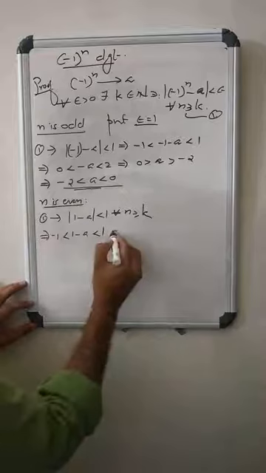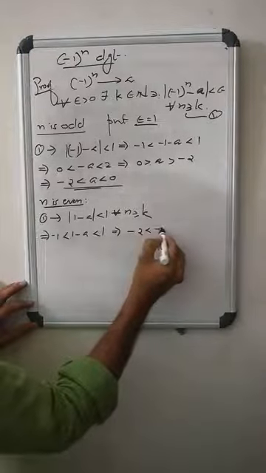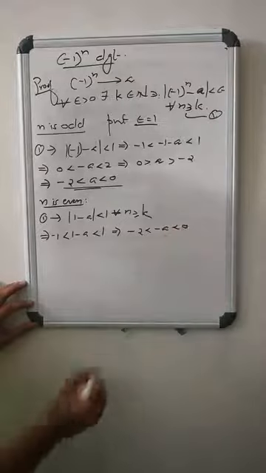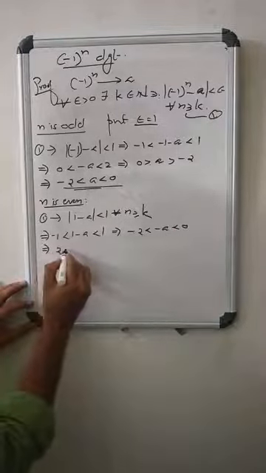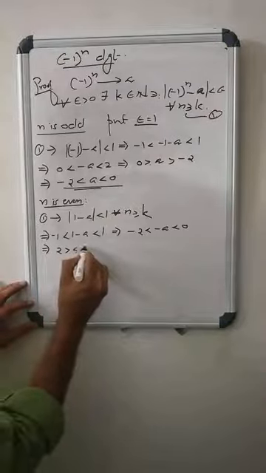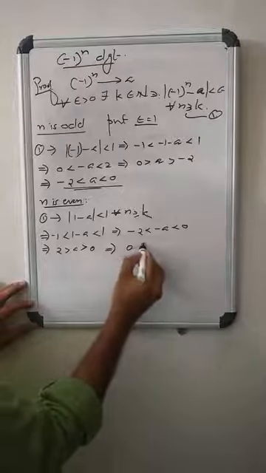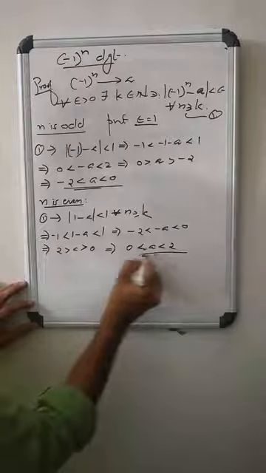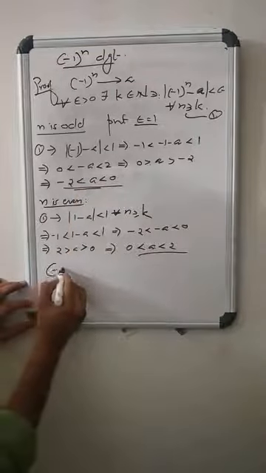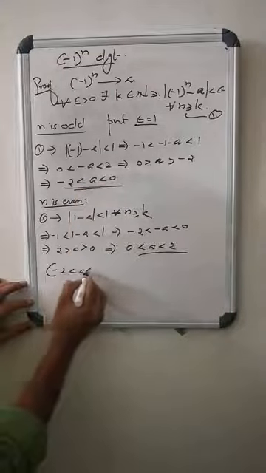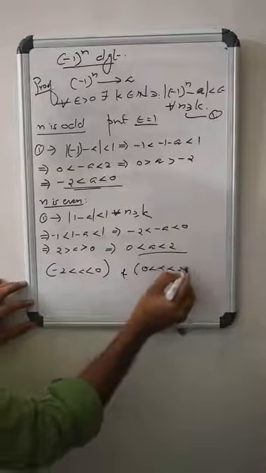You can add minus 1 on both sides, so minus 2 is less than minus a, which is less than 0. Multiplying throughout by minus, 2 is greater than a, which is greater than 0. That means 0 is less than a, which is less than 2. So we come to these two conditions: one is minus 2 less than a less than 0, and the other is 0 less than a less than 2.